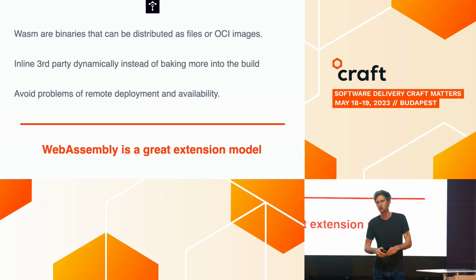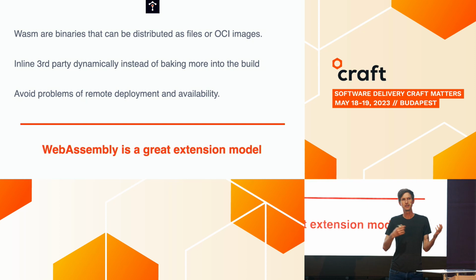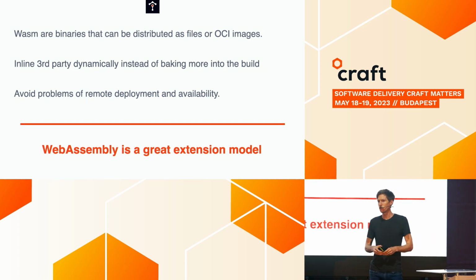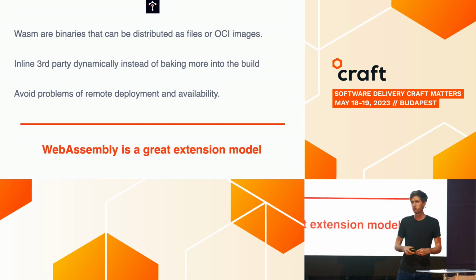And it allows you to inline third-party code instead of baking something into the build or using something like RPC to access third-party logic. And that allows you to avoid some complexities of remote deployment and availability. So that's why WebAssembly tends to be used for extensions in service architecture. You see them in different things.